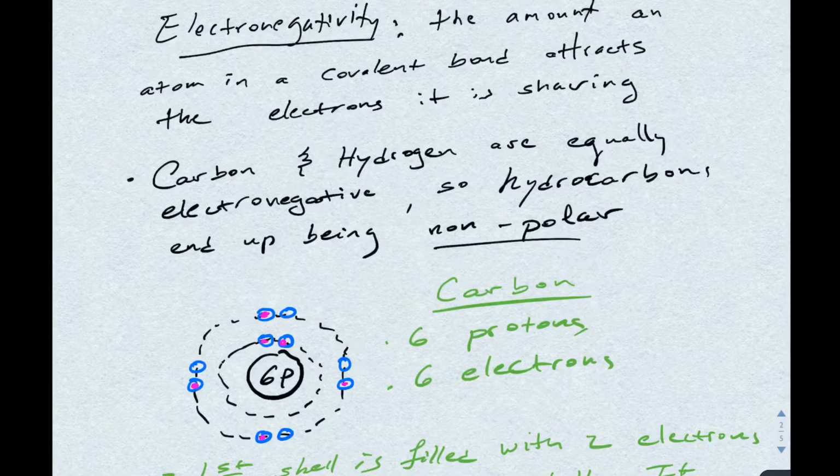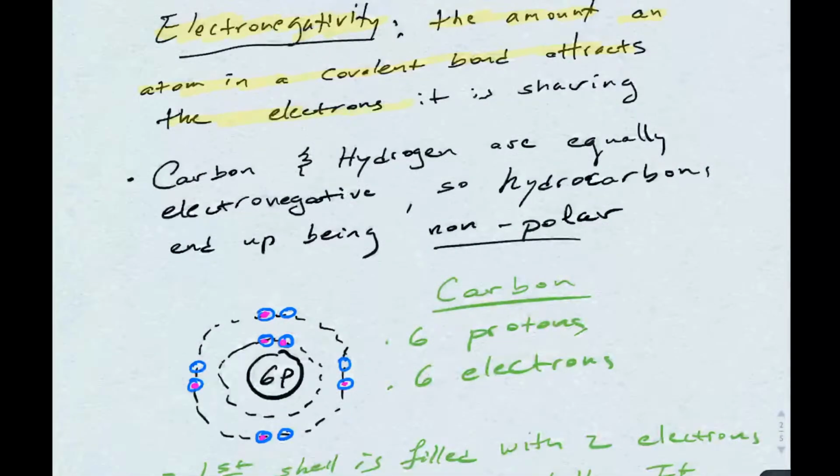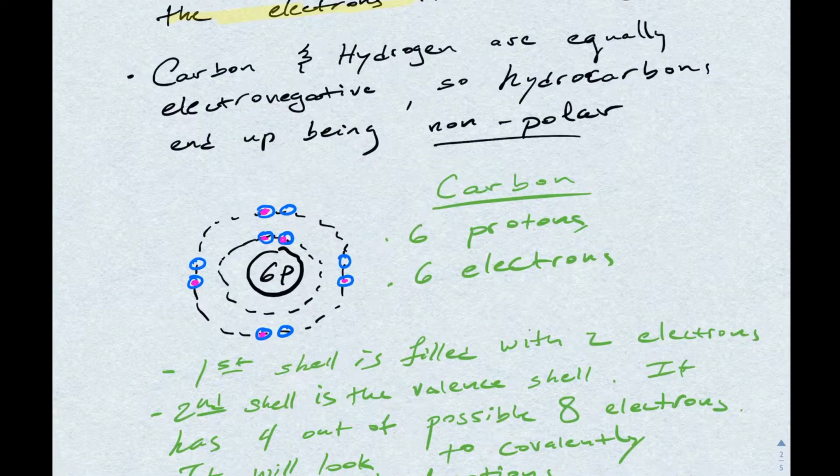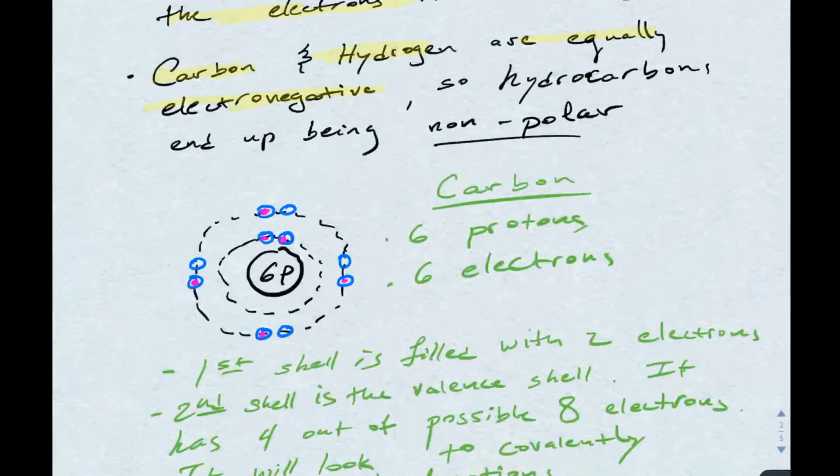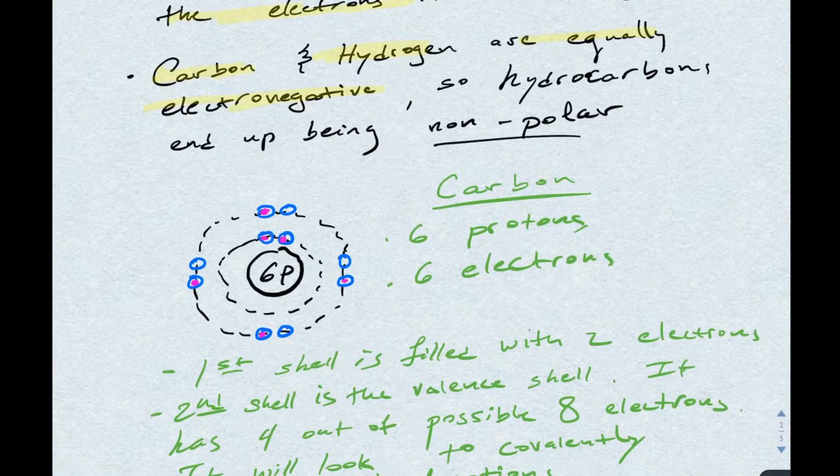A concept we want to introduce here is known as electronegativity. This is the amount an atom in a covalent bond attracts the electrons it is sharing. Now, carbon and hydrogen are equally electronegative. So that means that when they are sharing electrons in a covalent bond, neither carbon nor hydrogen will pull the electrons closer to it.